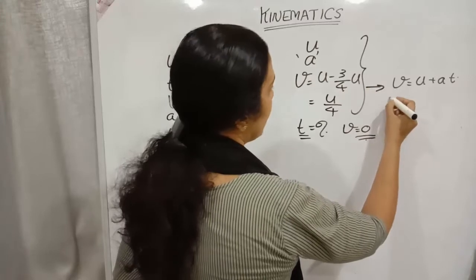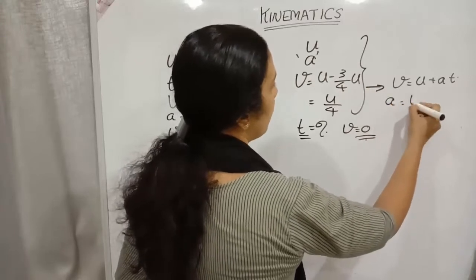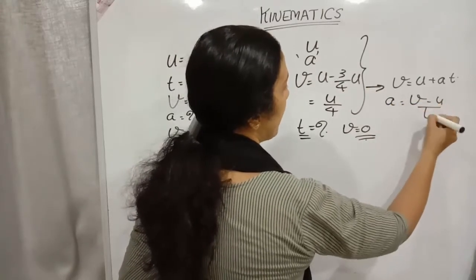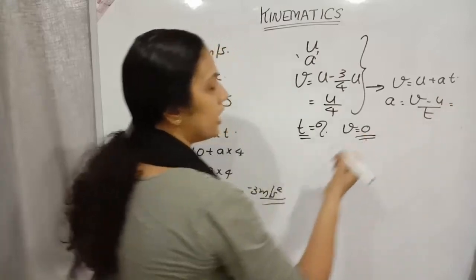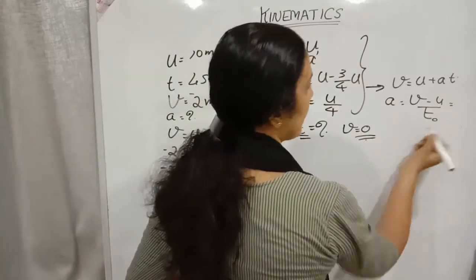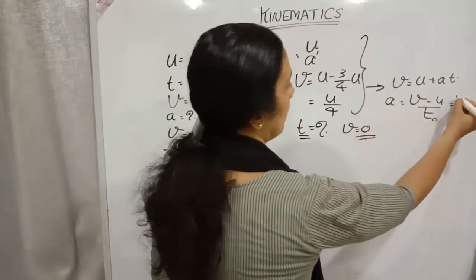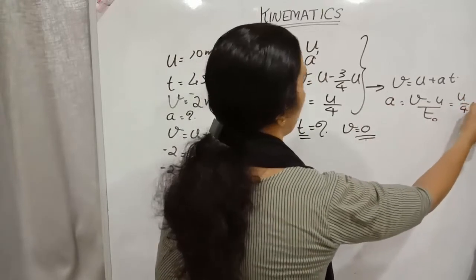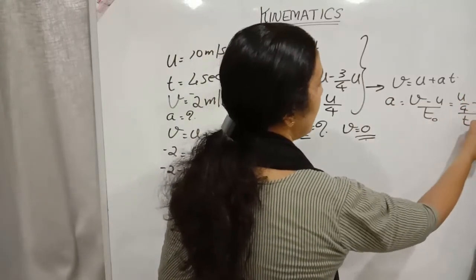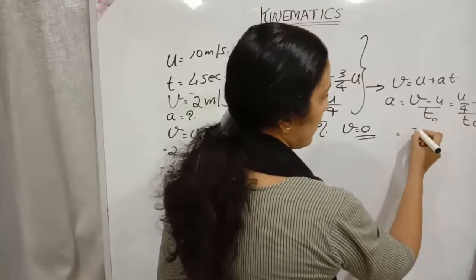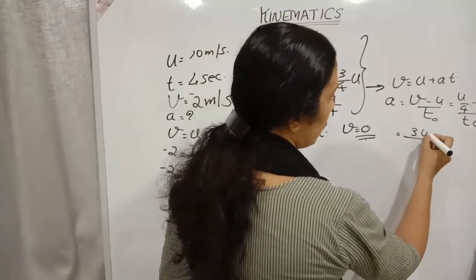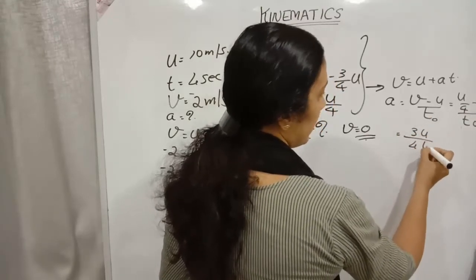Acceleration equals v minus u divided by t. Since this is the initial time, I take it as t0. So v is u by 4, minus u, divided by t0. Therefore, it is equal to minus 3u by 4t0.